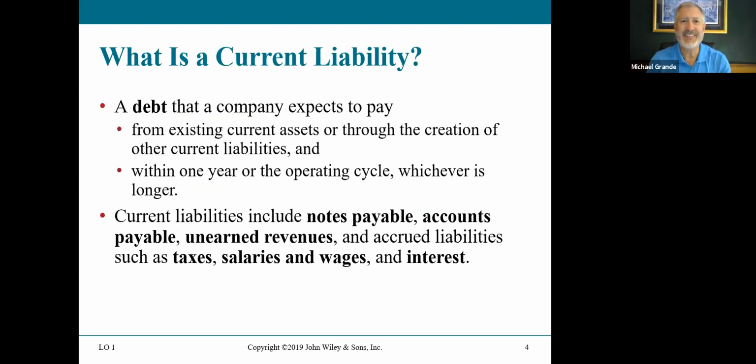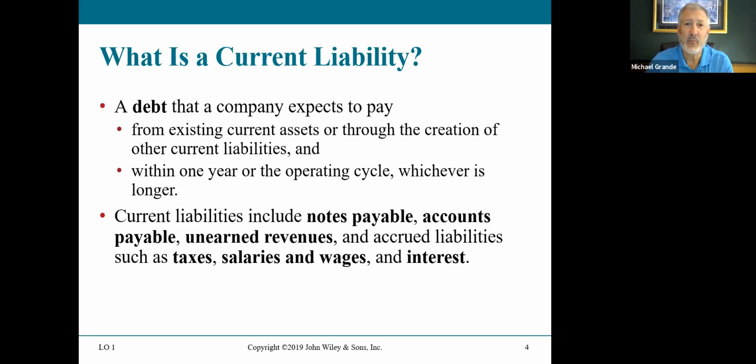Current liability: a debt that a company expects to pay from existing current assets or through the creation of other current liabilities, and within 1 year or the operating cycle, whichever is longer. Okay, very similar to the definition of a current asset, but this is a current liability.